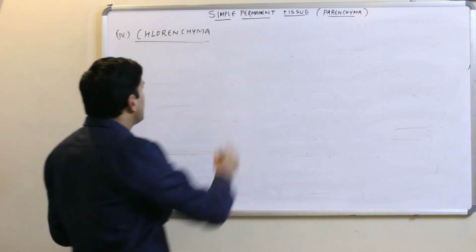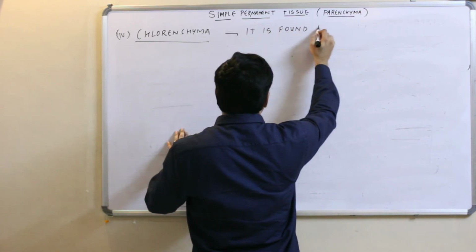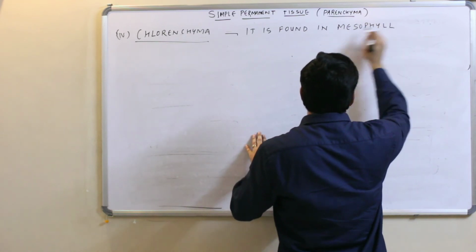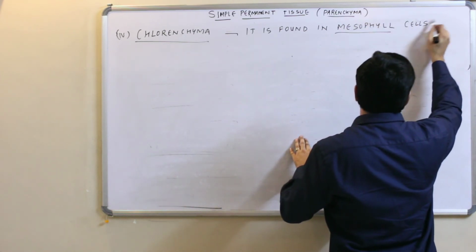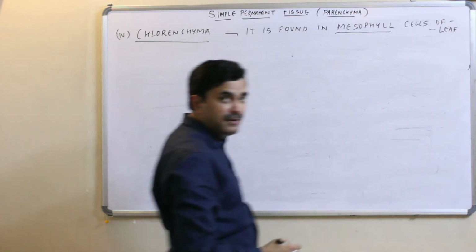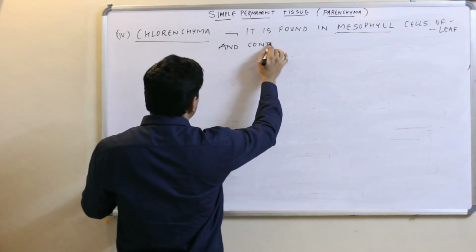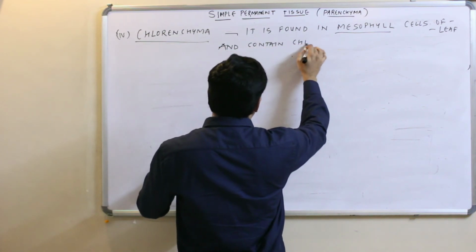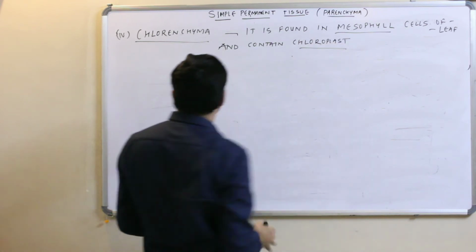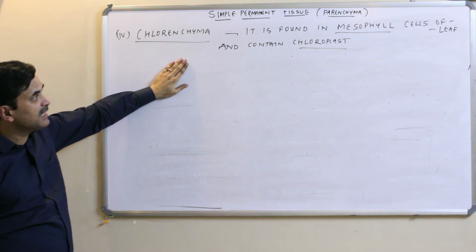Now, it is found in mesophyll cells of leaf, and contains chloroplast. Are you getting? Chlorenchyma is found in mesophyll cells of leaf and contains chloroplast.